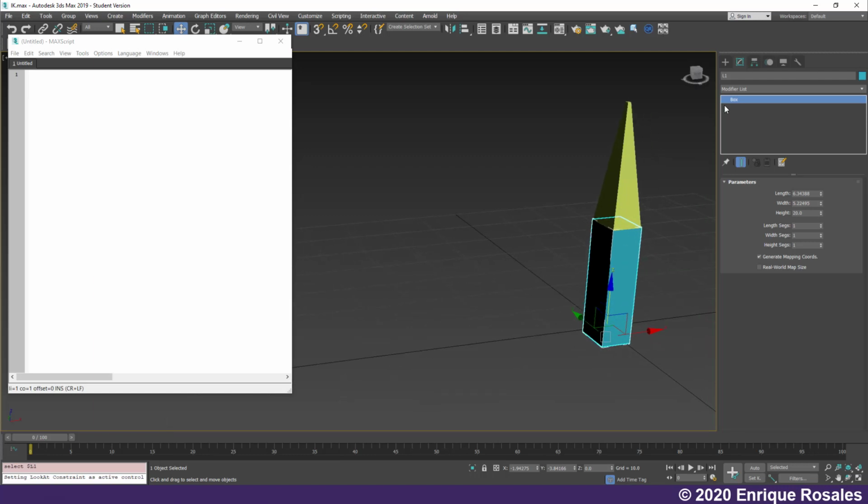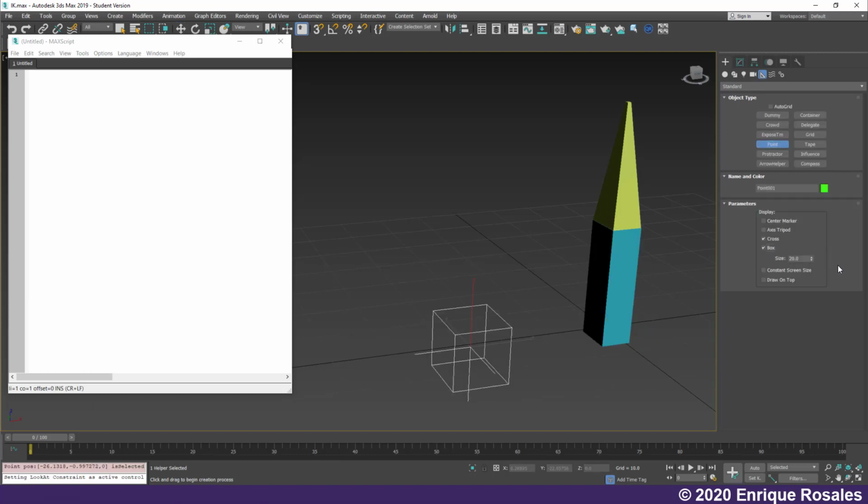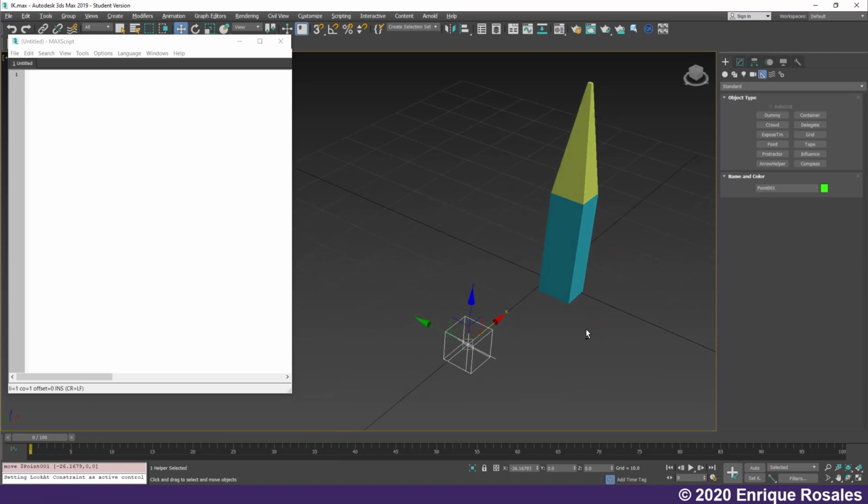So I will create an object to represent that point in space. It will be a helper, a point, with a certain size, and for now let me just put it right here. I also will put this guy at 0, 0, 0.